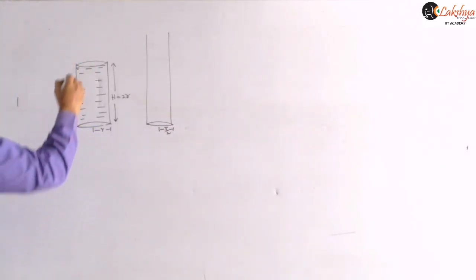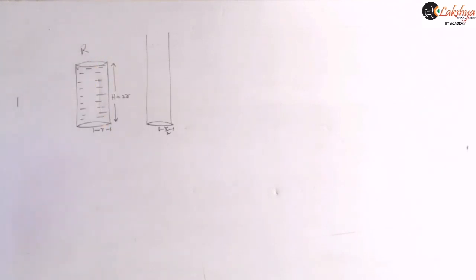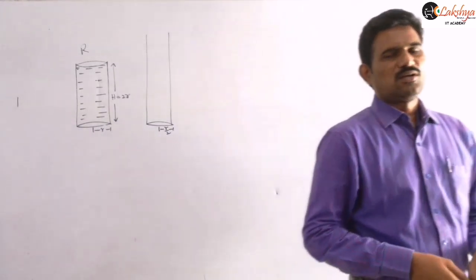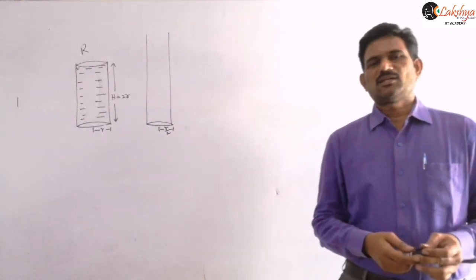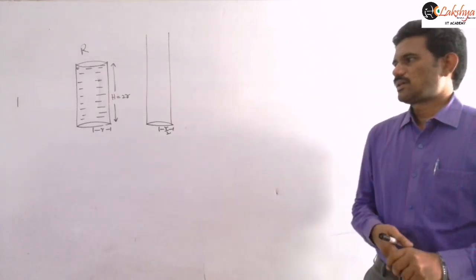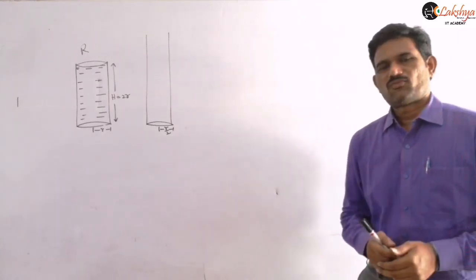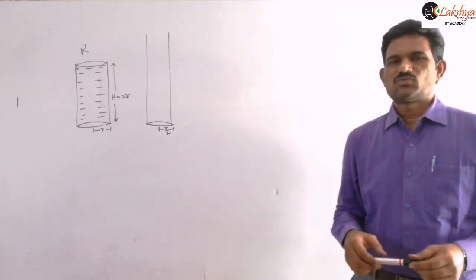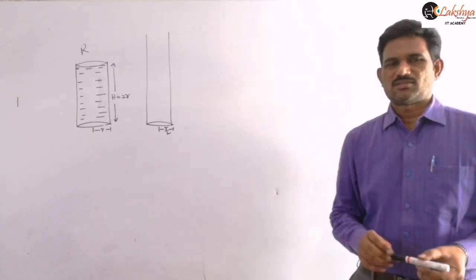Then its resistance is R. When the same mercury is poured into another cylindrical container of radius R by 2, then find its resistance.